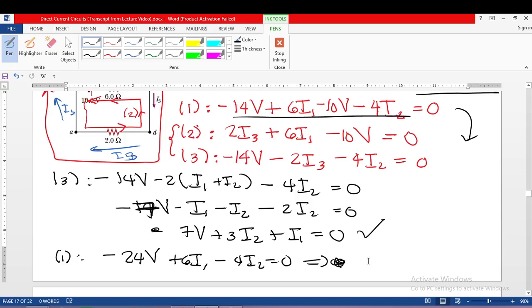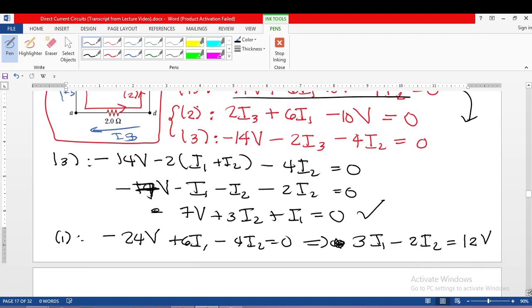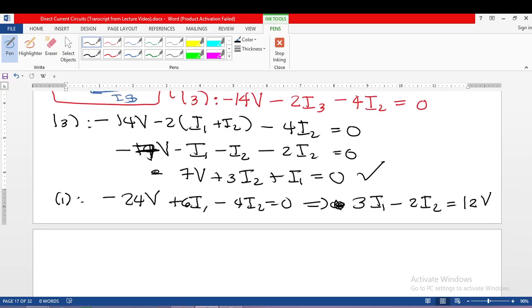I divide both sides by 2, then I will put 24 volts here. So we have 3I1 minus 2I2 is equal to 12 volts. Okay, so we are now done. So proceed with the elimination, I think.